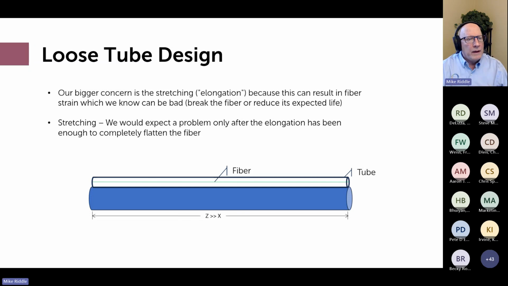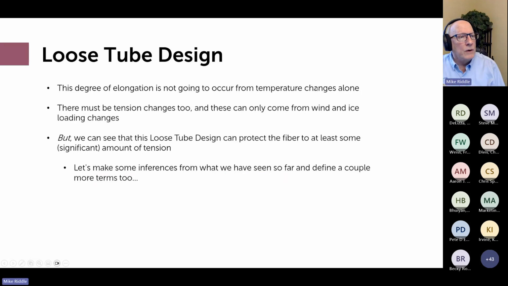Once the fibers are flat, if you continue to elongate, the fiber is directly experiencing the tension that's causing the elongation in the cable itself. So that much elongation is not likely to happen from just temperature changes alone, at least not on planet Earth.